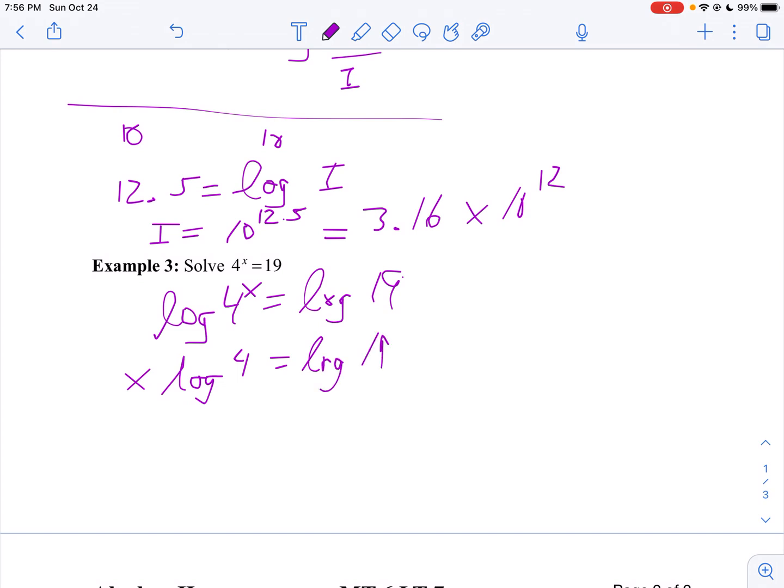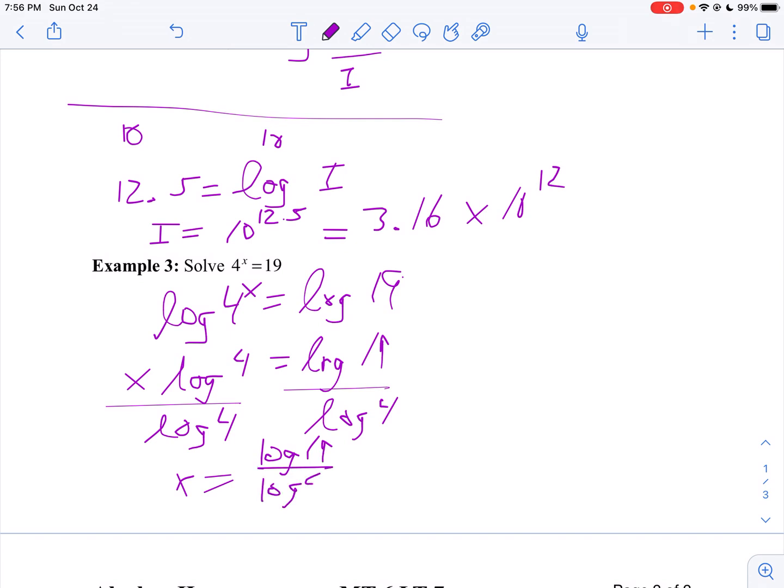So to solve for x, I'll divide both sides by the log of 4. So x equals the log of 19 divided by the log of 4. So at this point, we'll use our calculator.